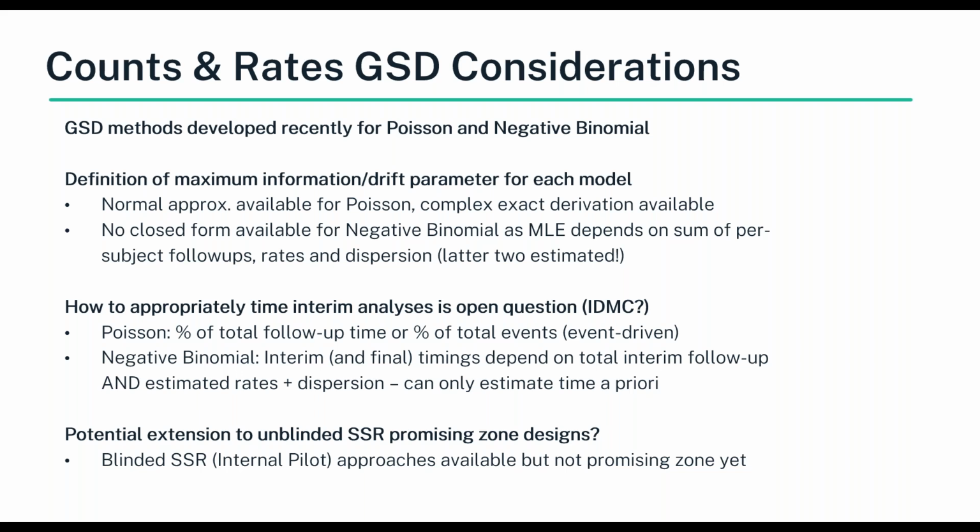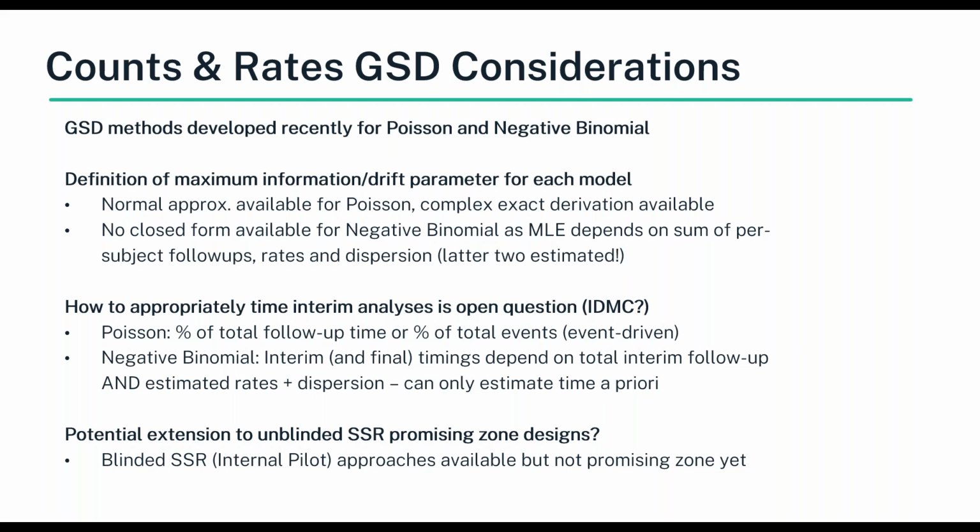For the negative binomial case, things do become a little bit more complicated, since the maximum likelihood estimator depends on the sum of the per subject follow-ups, the rates, and the dispersion, where the latter two will need to be estimated.